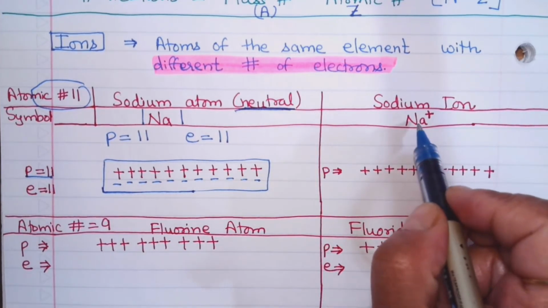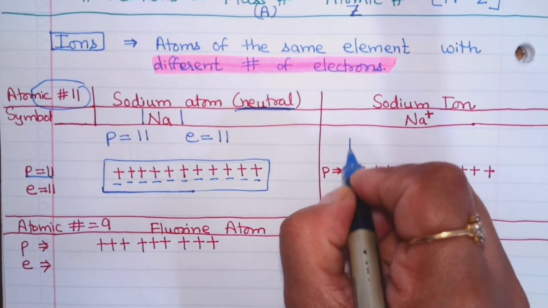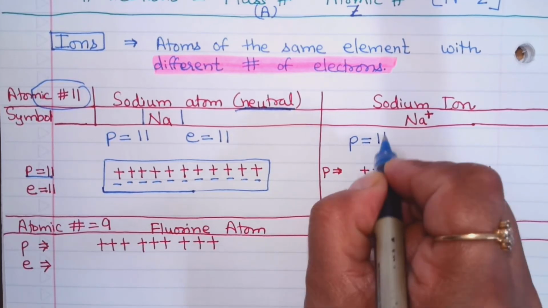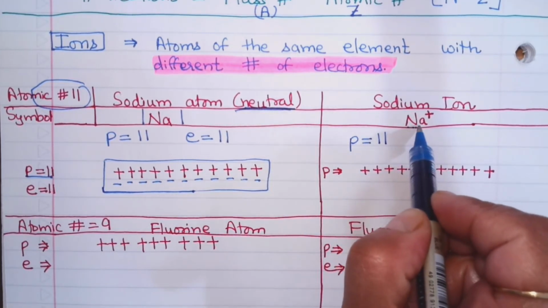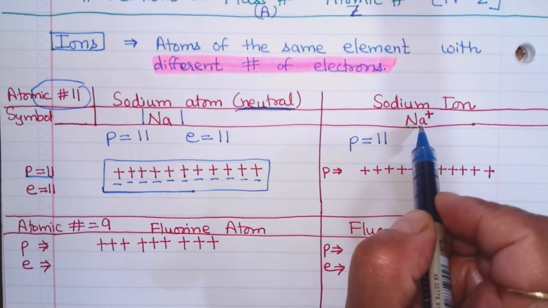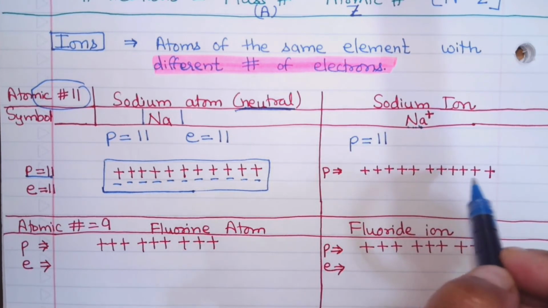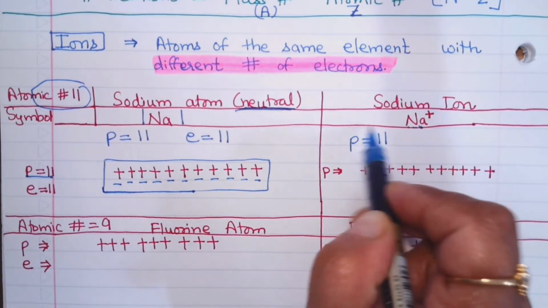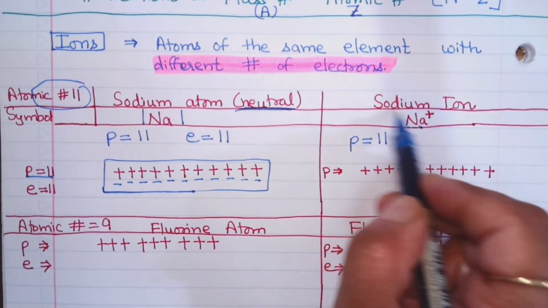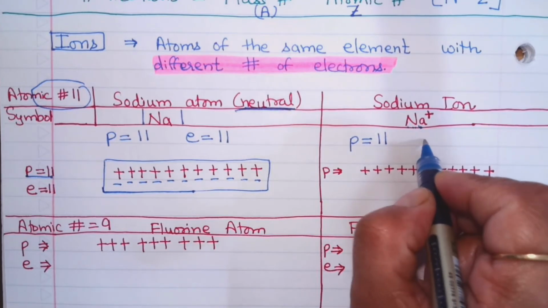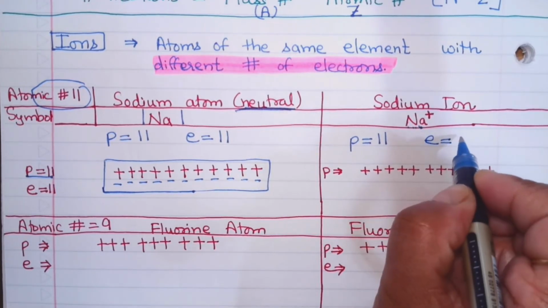Now let's talk about the sodium ion. The sodium ion still has 11 protons because the symbol is sodium, it is still the same type of element, right? And it has 11 positive charges that cannot change as long as we are talking about sodium, right? Now let's count the total number of electrons.